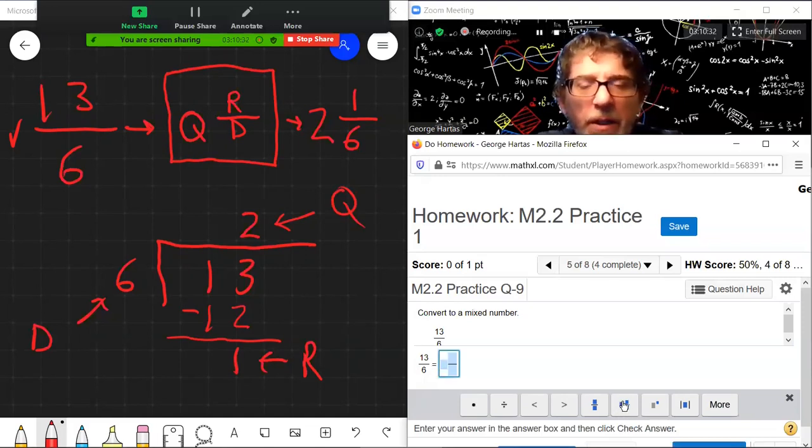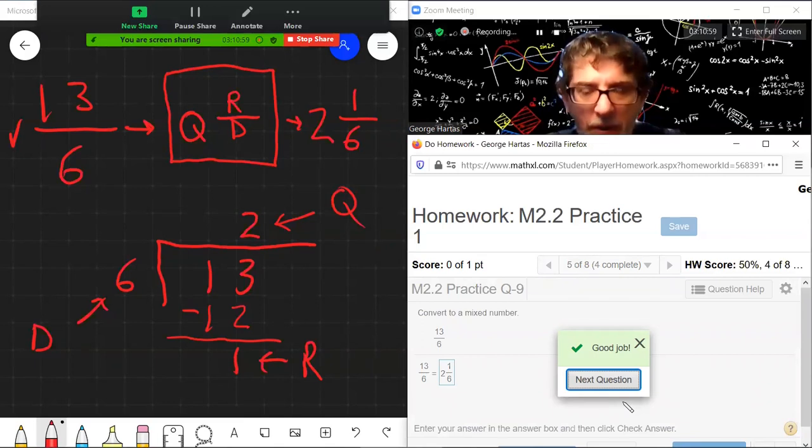So click it, and the cursor is in the whole number part. So for us, we're going to type in 2, and then I'm going to arrow over, and it's going to go up to the numerator. It's 1, and then I'm going to arrow down or click there using the mouse pointer, either way. And I'm going to type in 6.